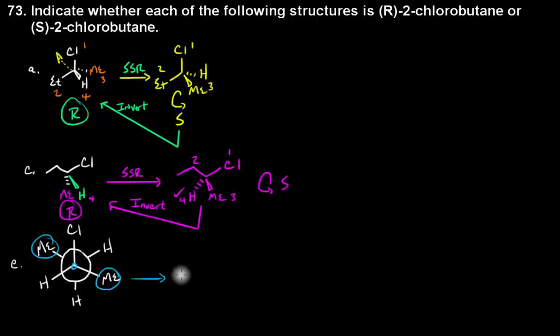So let's go ahead and redraw this in an easier to interpret form. Let's have this methyl group facing down in the plane of the board, and we'll have the other methyl group facing up in the plane of the board. Those are the 2 methyl groups. To make it easier, this one is yellow right here, and we'll make this one our yellow methyl group right there.